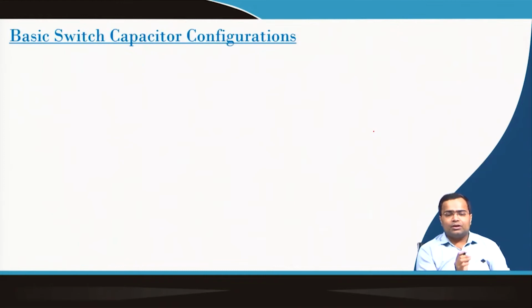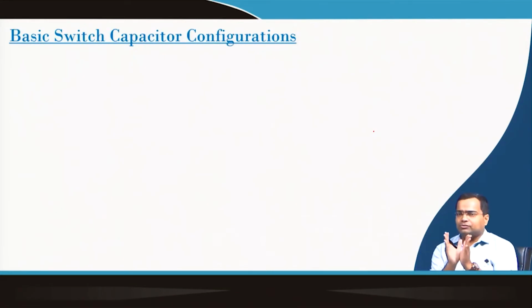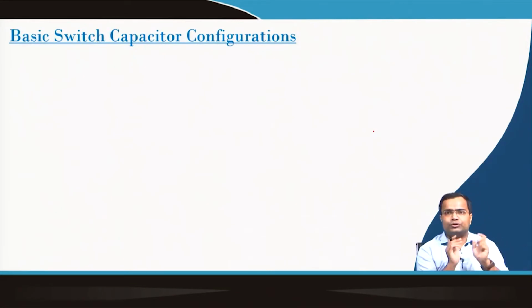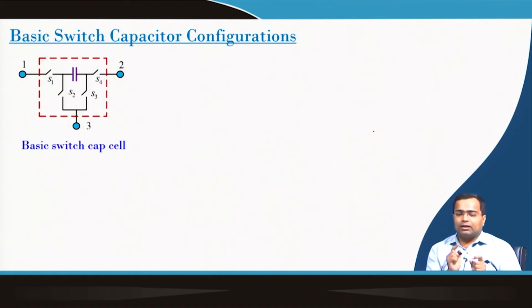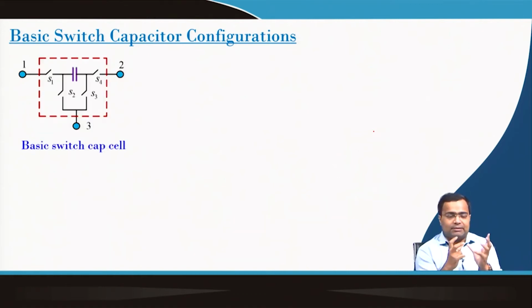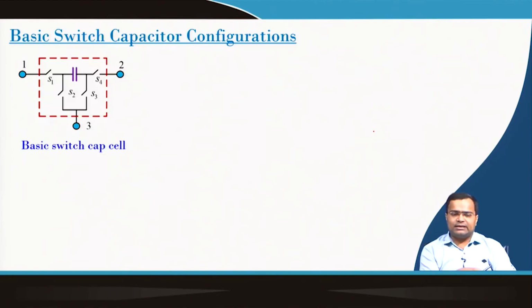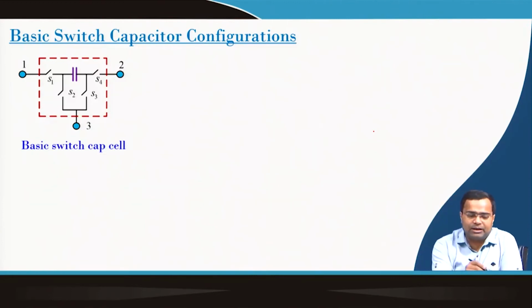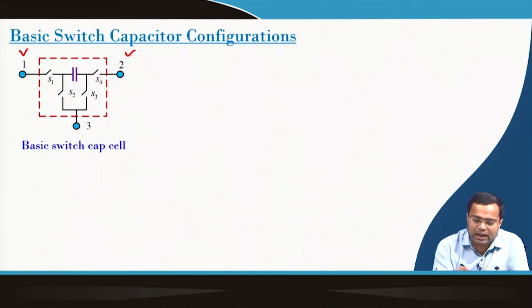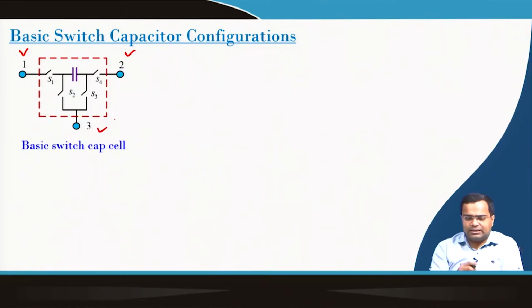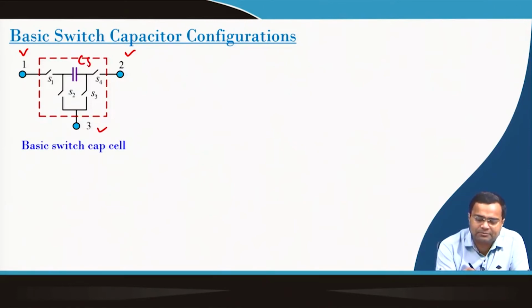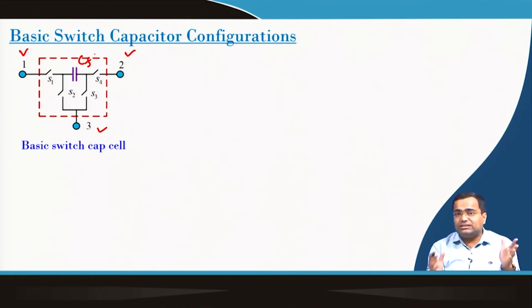Okay. So, now we talk about the step down switched capacitor converter. If you look at a basic switching cell, it has 3 terminals, terminal 1, terminal 2 and terminal 3, and this is my flying capacitor, and there are 4 switches.